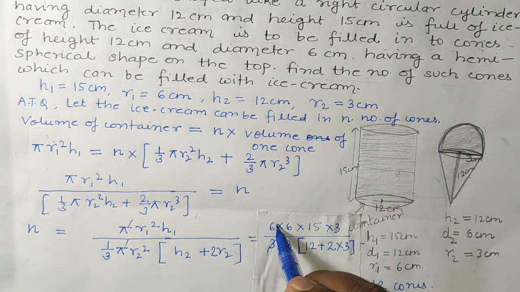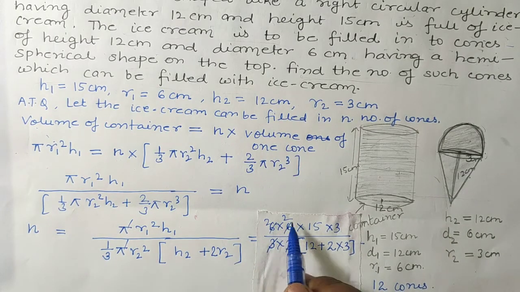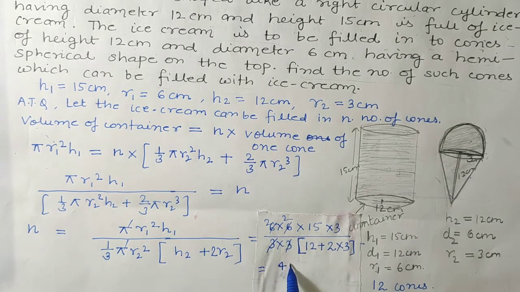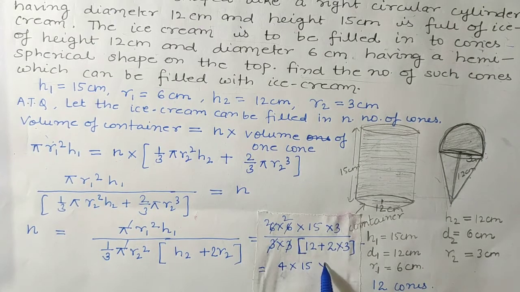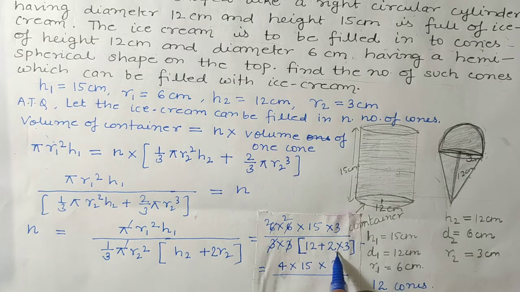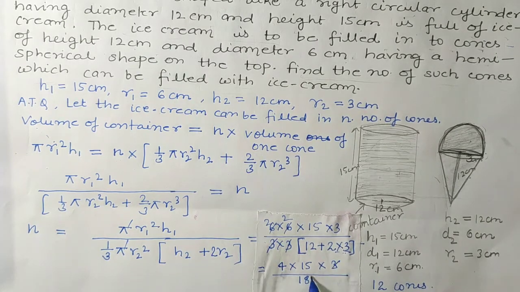Now students, 3 2s are 6, 3 2s are 6. So in the numerator what is left? 2 into 2 means 4, into 15 into 3, and in the denominator what is there? 12 plus 6, that is 18. Now 3 6s are 18.